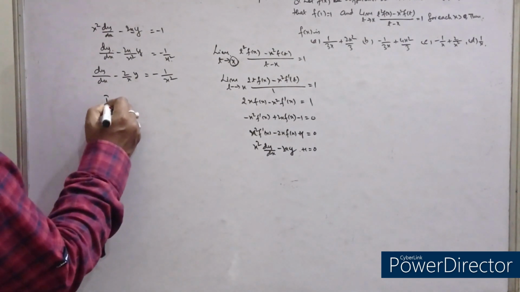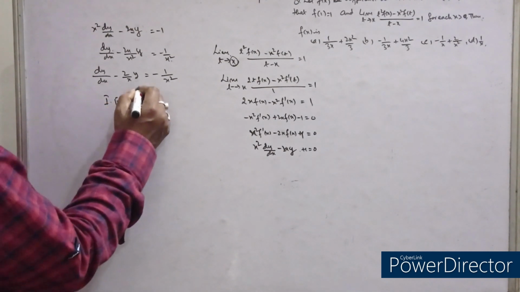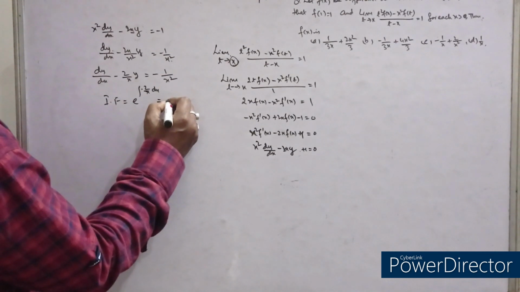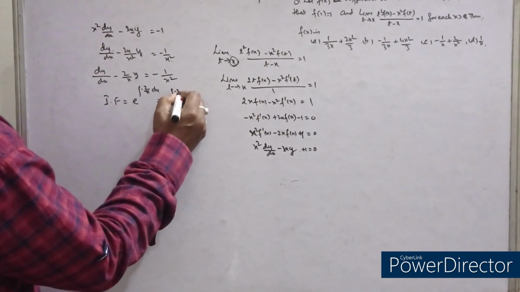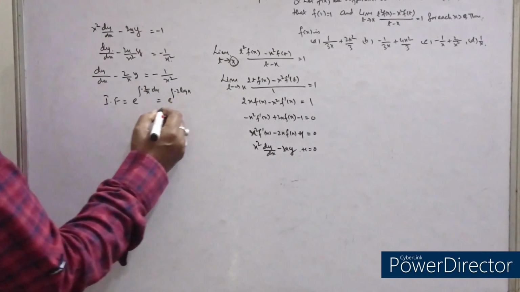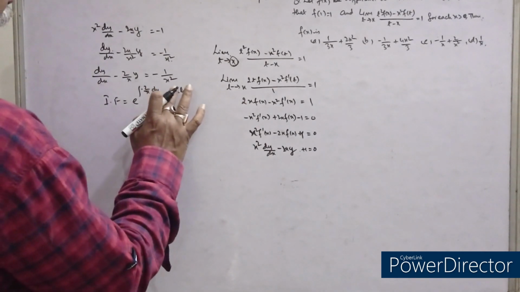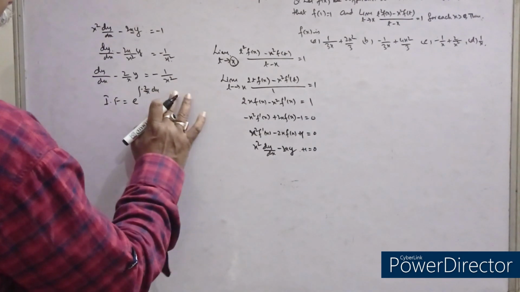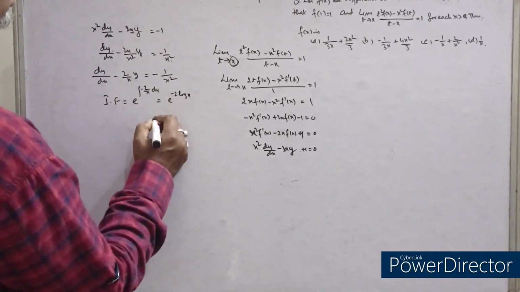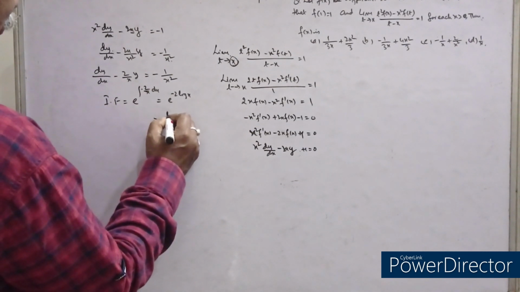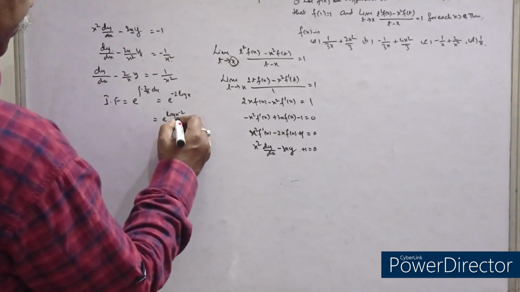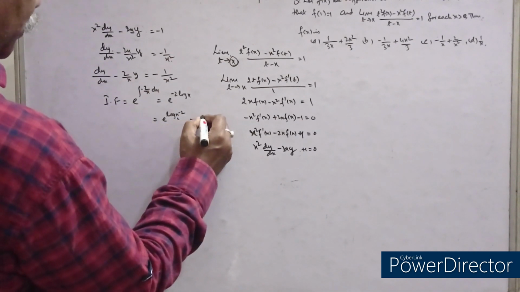So your integration factor will be equal to e to the power of minus 2 by x dx. So this will be equal to e to the power of minus 2 log x, and so this will be equal to e to the power of log x to the power of minus 2, and so this will be ultimately x to the power of minus 2.